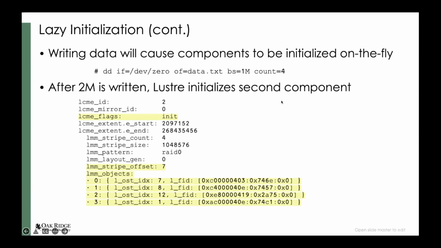And then the remainder of that 4 megabytes gets written into this component. Once the OSTs have been allocated for a component, they will remain allocated. So truncating a file down to 0 doesn't make it unallocate them. It won't revert back to how it was in the beginning.